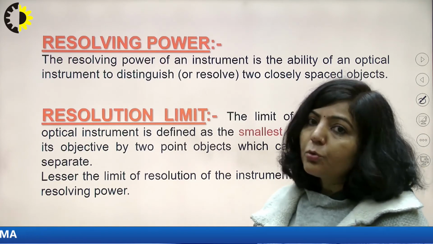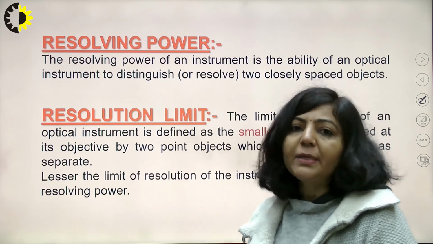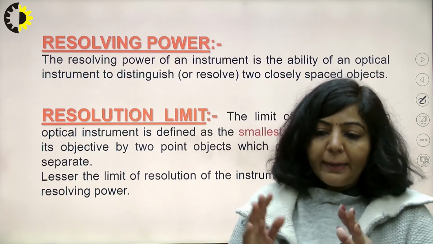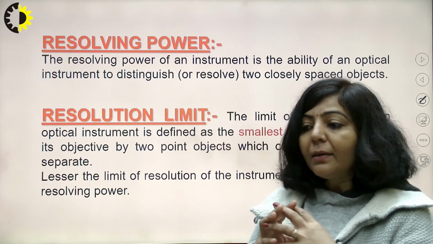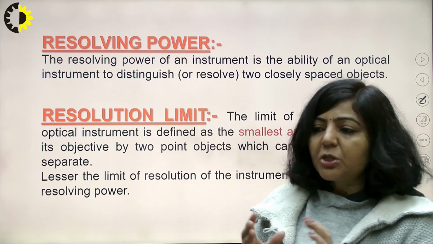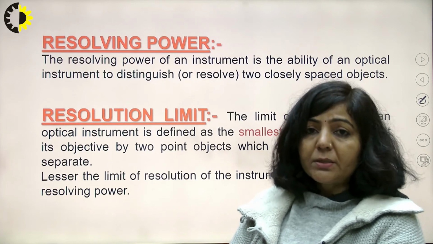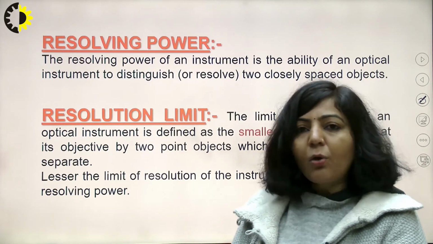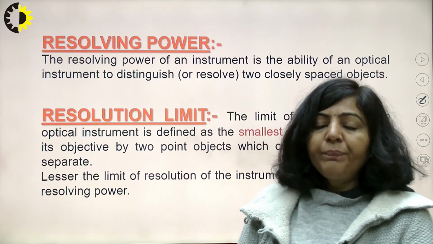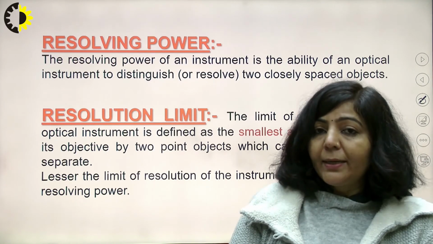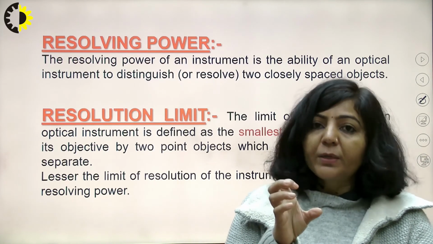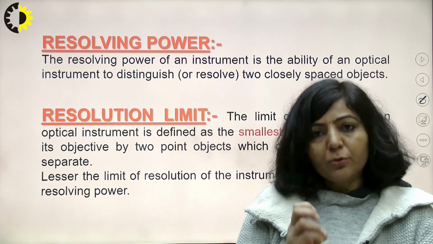You have a microscope in your biology lab, and you know its use. A microscope is used to see tiny objects which are close to each other. Through naked eyes you cannot see those objects, so to see them clearly you require a microscope.